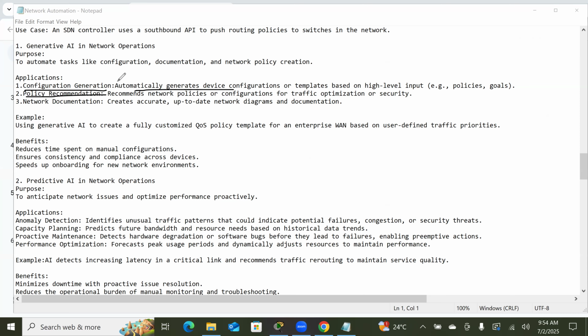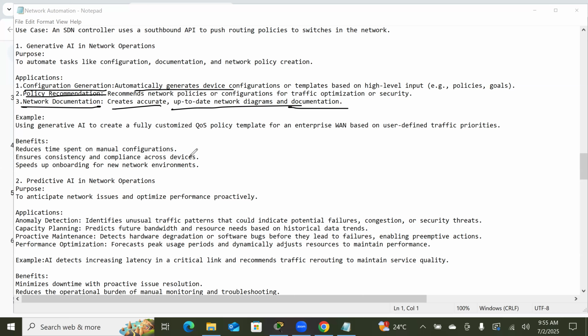Based on the logs it has collected, and the traffic optimization or analysis, it's going to recommend some changes. Being a network administrator, you have to decide whether to implement them or not. After that, it will even give you the network documentation, creating an accurate, up-to-date network diagram or documentation.